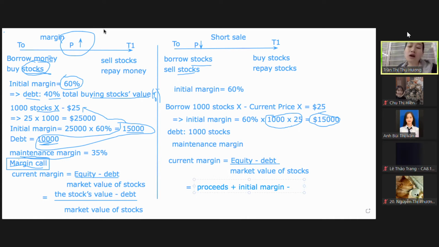You borrow stock, and the value of the stock depends on the market price.